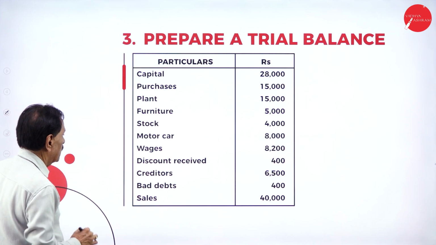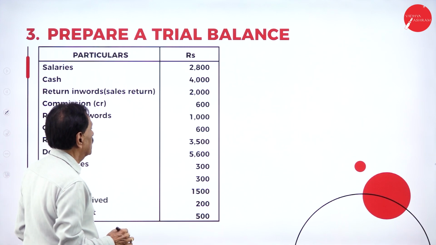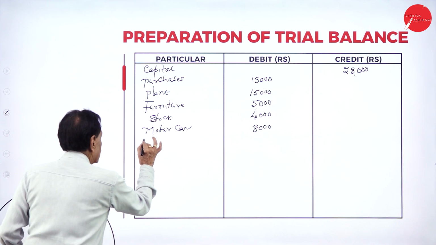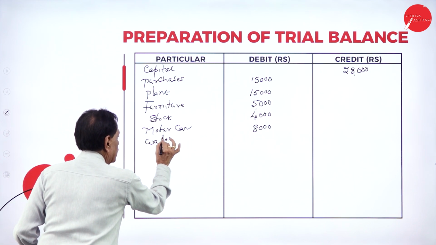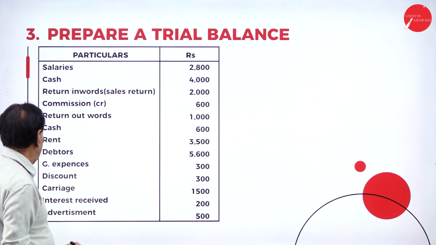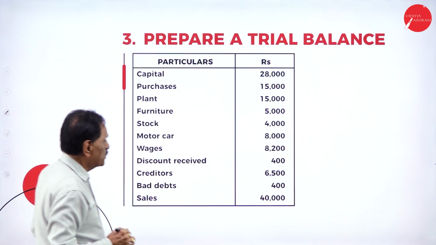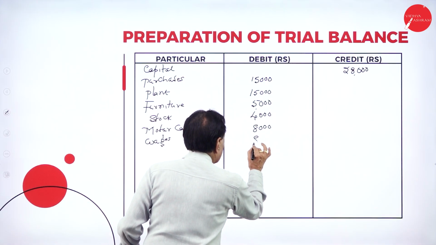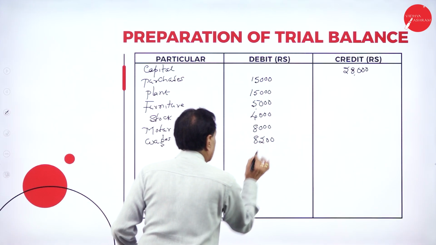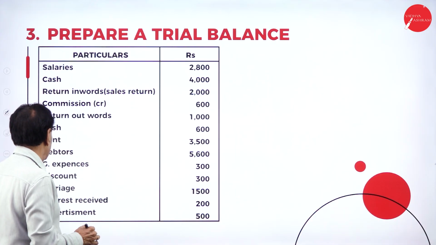Then wages. Debit side, wages paid, expenditure. Wages 8,200. What next?